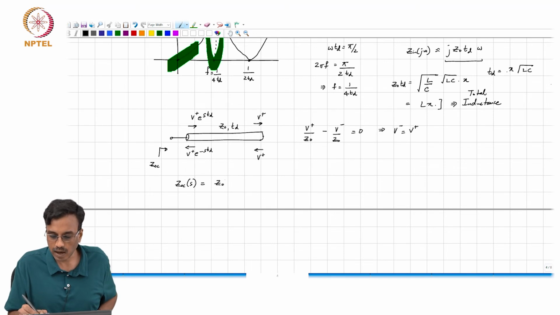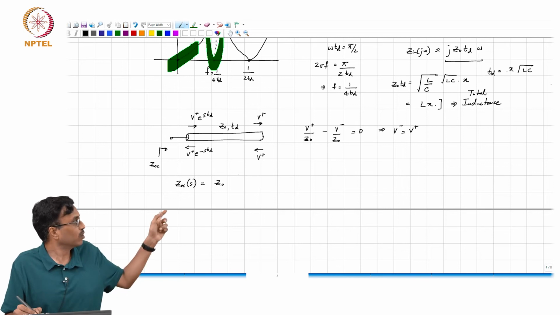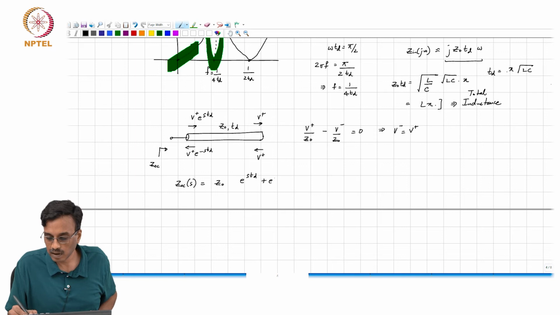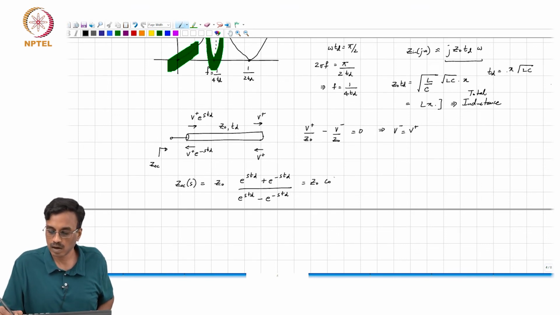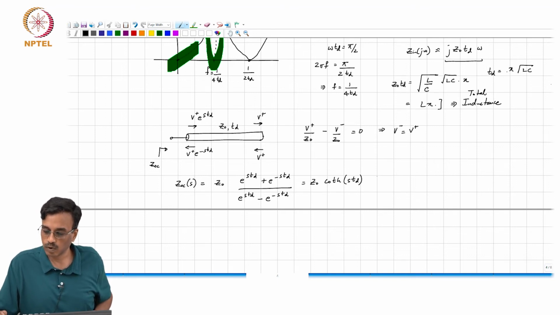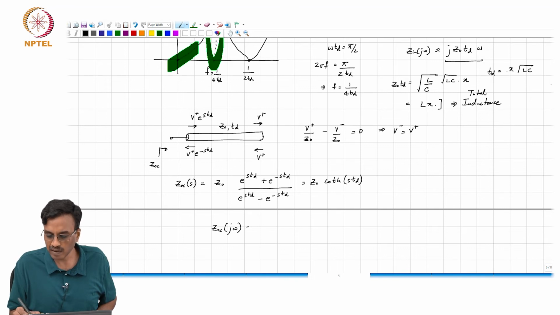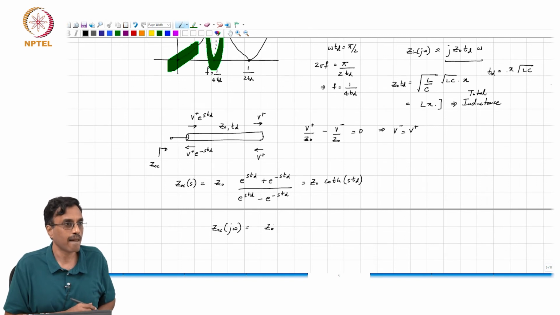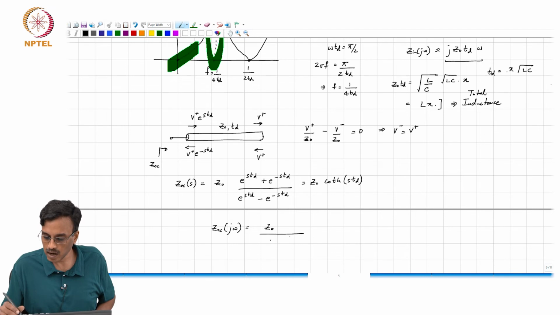What is the impedance? It is Z naught times the voltage, e to the sTd plus e to the minus sTd, divided by e to the sTd minus e to the minus sTd, which is Z naught coth of sTd, right, which is basically therefore Z open circuit of j omega equals Z naught cos omega Td divided by j sin omega Td.